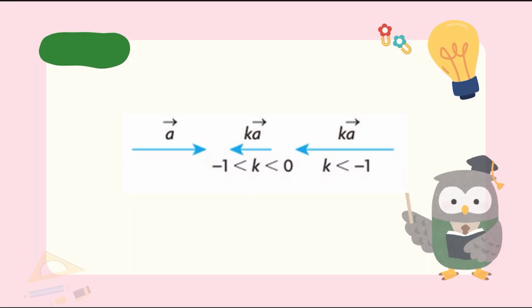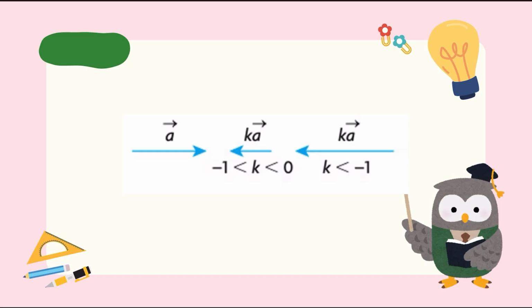And then we can see if k is bigger than -1 and smaller than 0. If k is smaller than 0, or we can say it's negative, and we multiply vector a by a negative scalar, then the direction of the vector a should be changed to the opposite direction, so we get k times vector a.